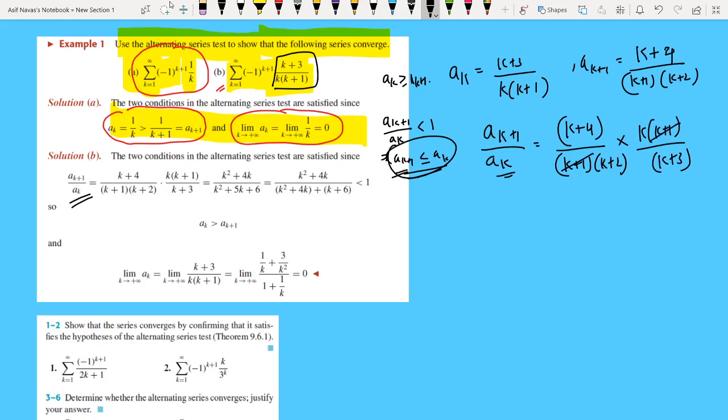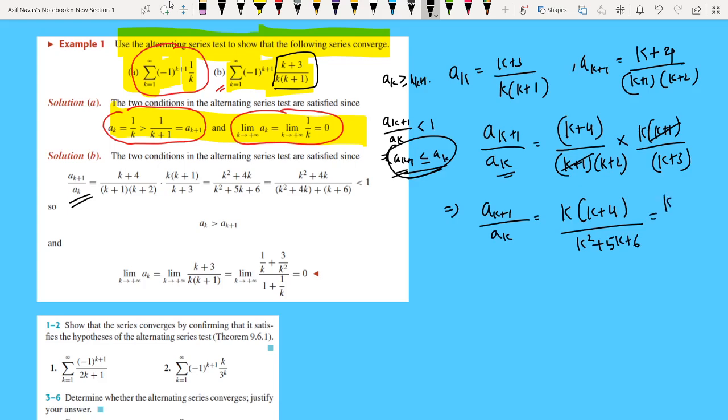So this and this get cancelled. So ak plus 1 divided by ak is equal to k into k plus 4 divided by, if you multiply this, k square plus 5k plus 6.